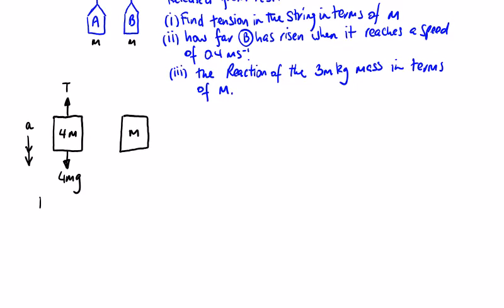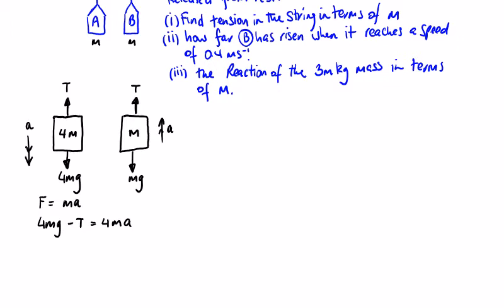So my force is equal to ma equation will give me 4mg, because that's the direction it's going in to begin with, minus T is equal to 4m times a. And for the m pan, we've got mg going down, and this one is going up with an acceleration of a.